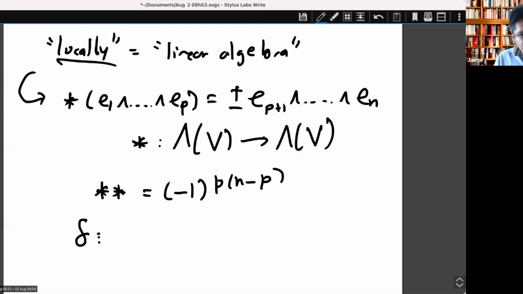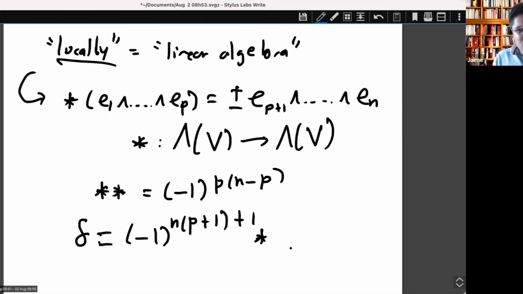Then we can define the delta operator, which is minus one to the N plus P plus one, plus one. Don't ask me why, but this is the reason. And then you use the star operator.